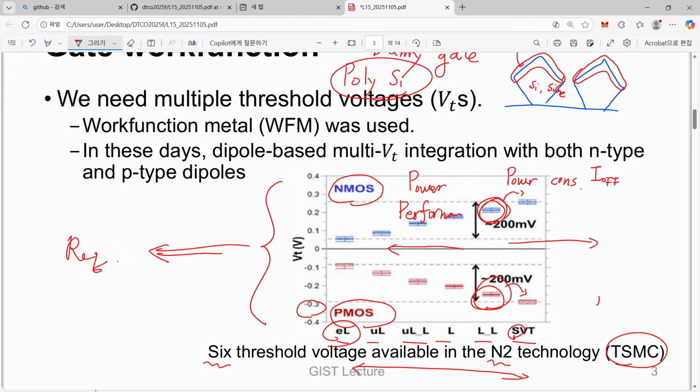Then how can we supply different devices with different threshold voltage? The only way is changing threshold voltage. And how can we change threshold voltage?